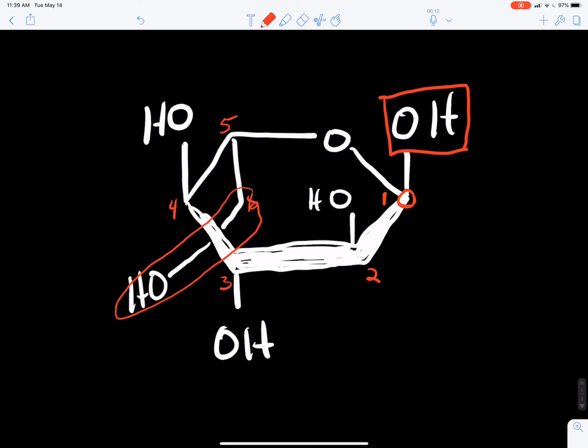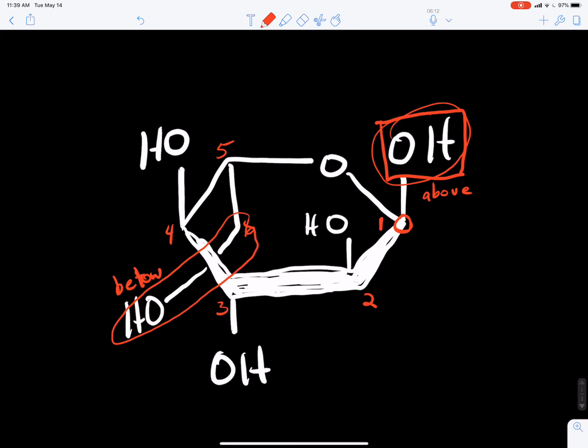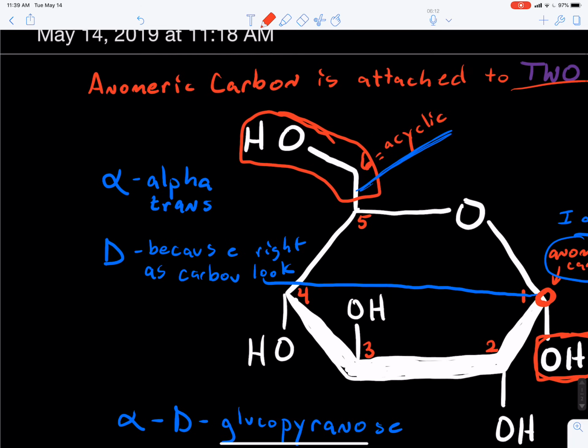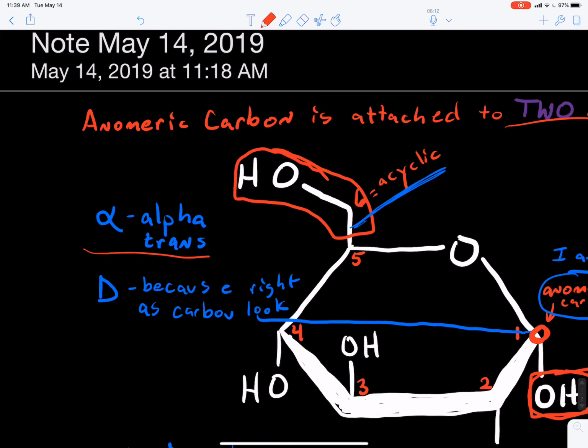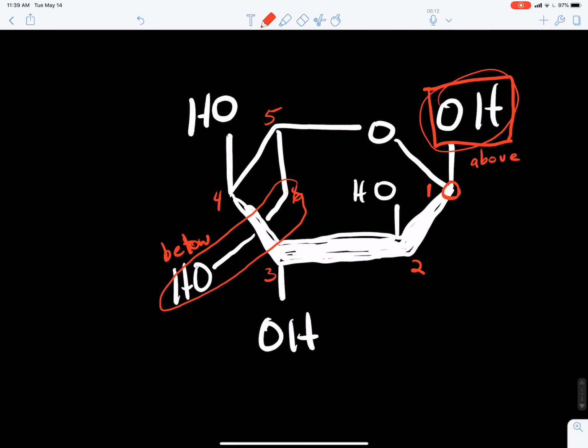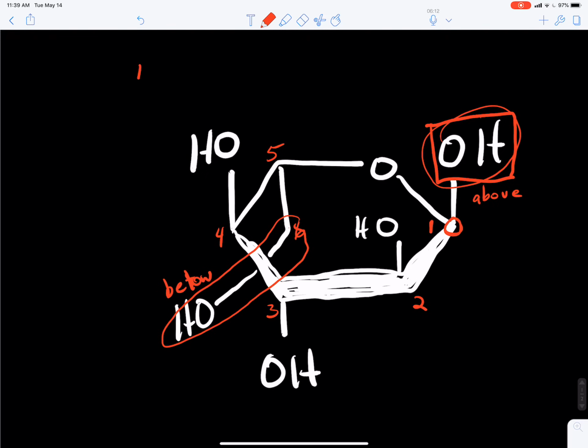You can see that the anomeric substituent, the OH group, is above the ring, and this acyclic group coming off the acyclic carbon is below. So these have a trans relationship. And a trans relationship means they are going to be alpha, right? Alpha is trans. So this is an alpha sugar because they are trans to each other.